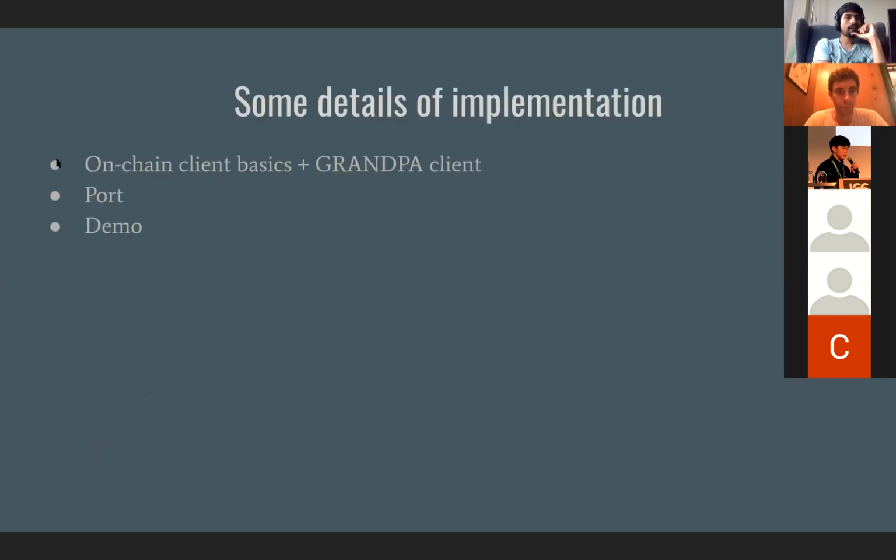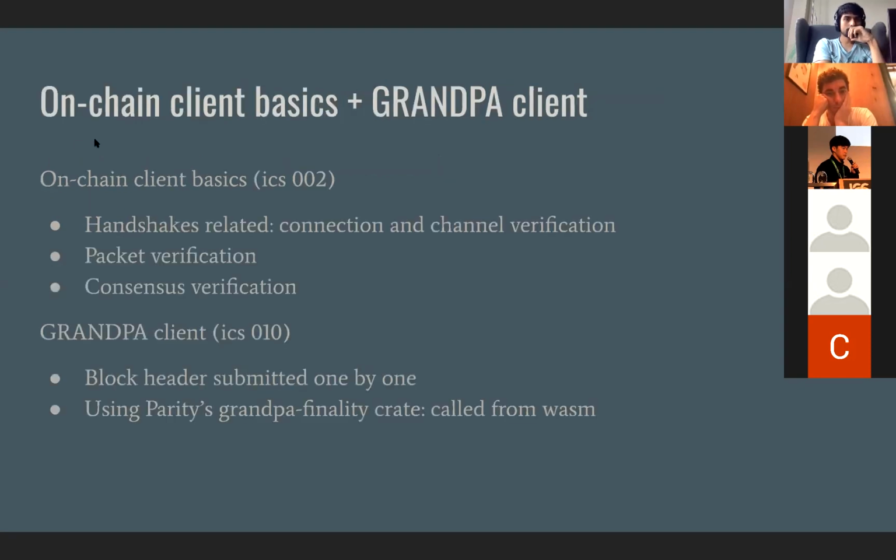Now let's talk about some details of our implementation and what we have done, and later there will be a summary. Here I just picked some of them: first, on-chain client basics, the grandpa client, and port, and then show the demo. First is the on-chain client.